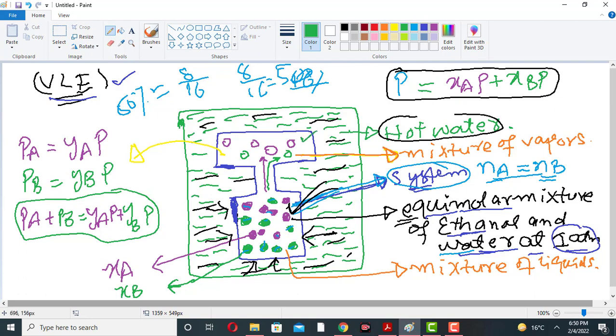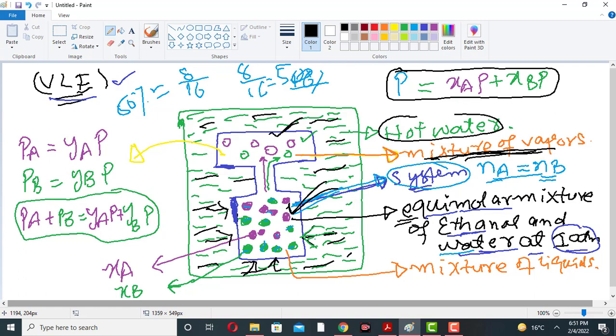So when we heat this liquid mixture of ethanol and water, in the space above, a mixture of vapor will be obtained. In this vapor mixture, there will be two types of components.